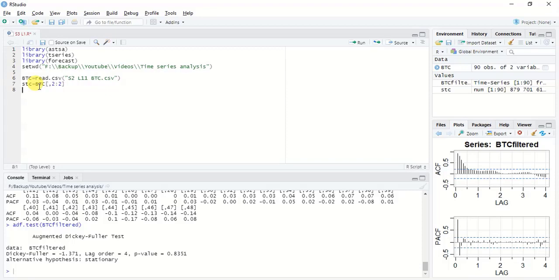Then we can call the ts function to create a time series object.